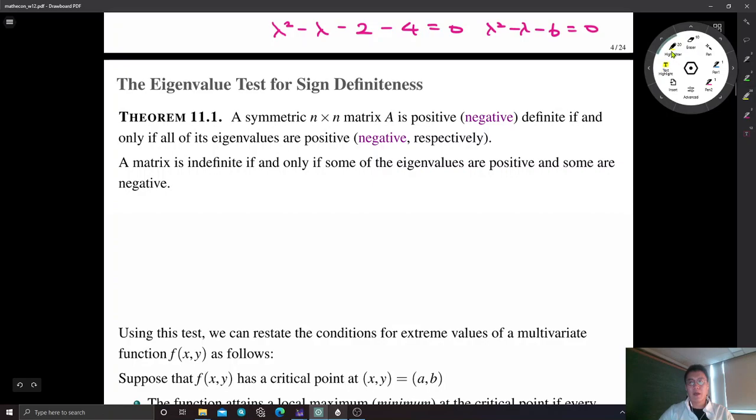So the theorem states that matrix A is positive definite if all eigenvalues are positive. Okay, and matrix A is negative definite if all eigenvalues are negative. All right, and then if some eigenvalues are positive and some eigenvalues are negative, then the matrix is going to be indefinite.